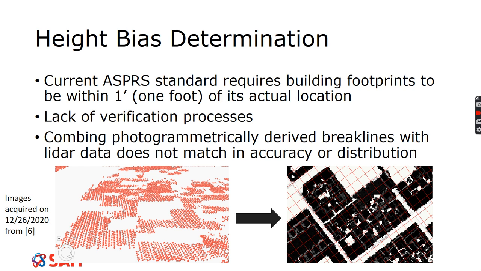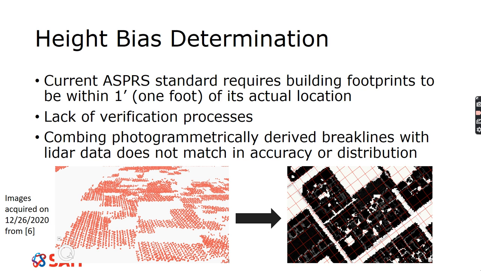This is really part of our standard, not the standard itself, but the factors affecting the standard. So the building footprint has to be horizontally within 1 foot, but the height, that height bias, if it's out more than that, it's going to affect your entire data set, right?